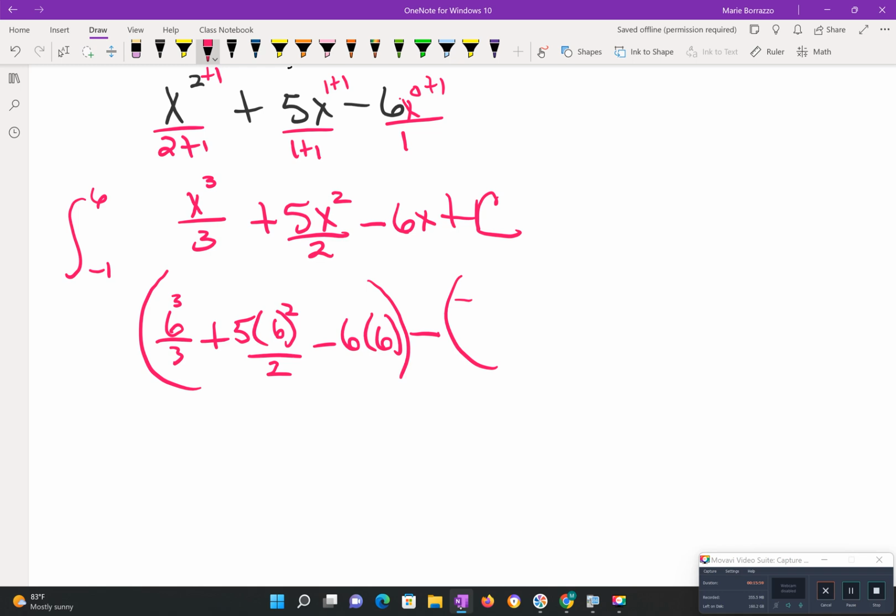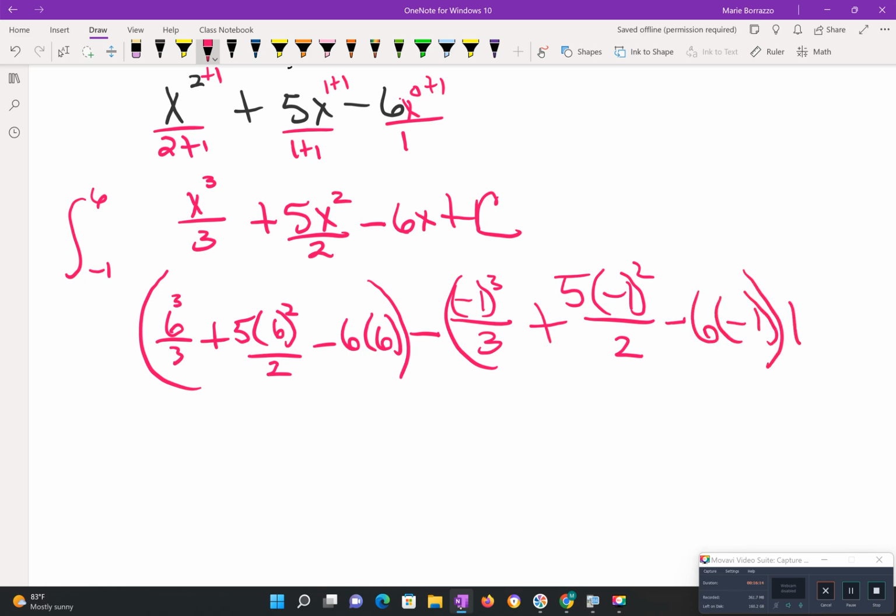Now we're going to do negative 1 cubed over 3 plus 5 times negative 1 squared over 2 minus 6 times negative 1 plus c.